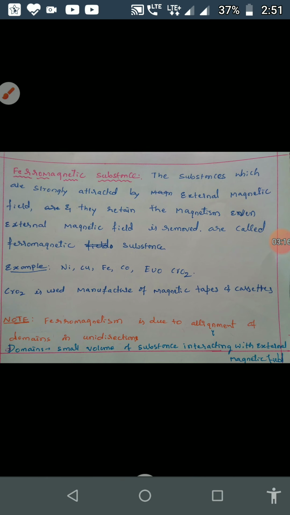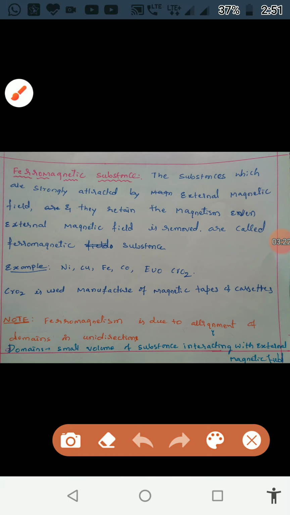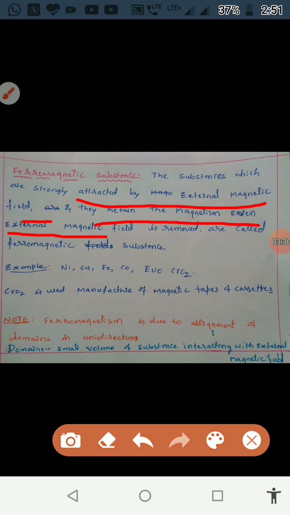Nextly, we shall move on to ferromagnetic substances. The substances which are strongly attracted by the external magnetic field and which can retain the magnetism even after the external magnetic field is removed are called ferromagnetic substances.